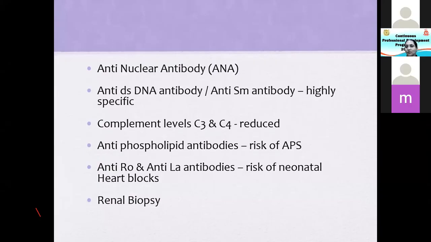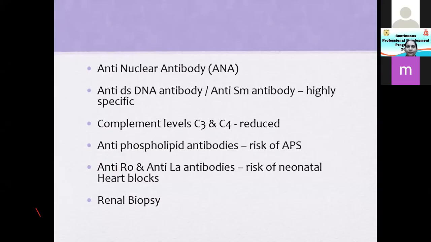A certain percentage of the normal population can also have anti-nuclear antibodies. It is important for you to ask for the titer if you are clinically suspecting SLE. The titer as well as the pattern will be given by the laboratories.